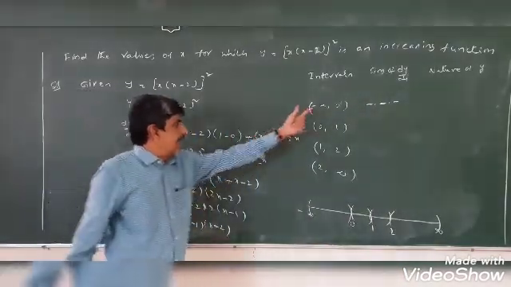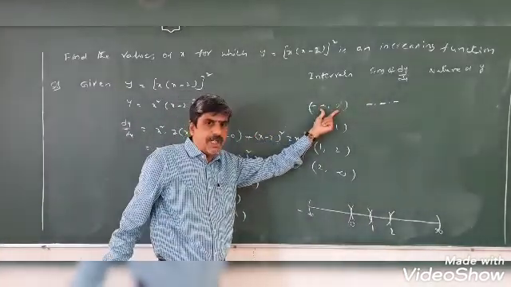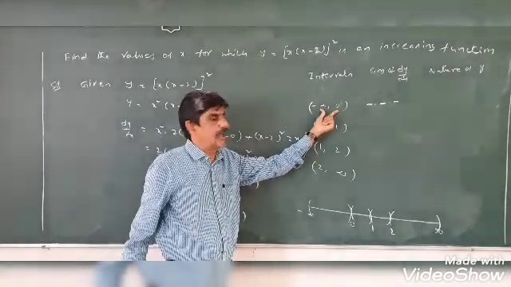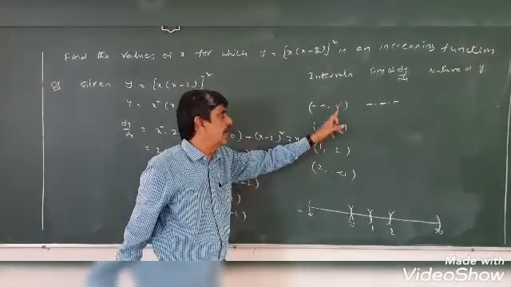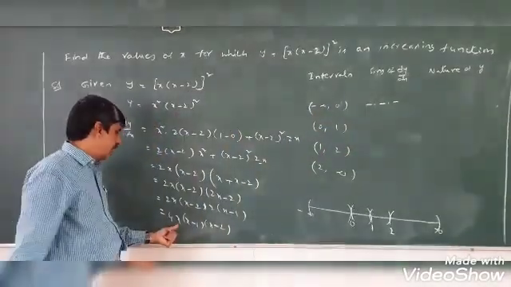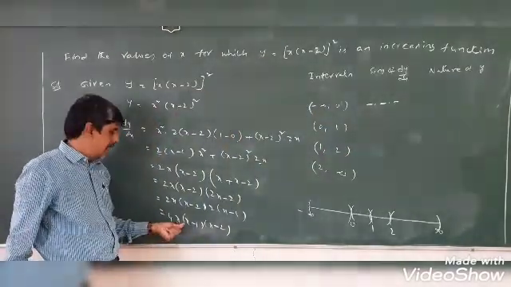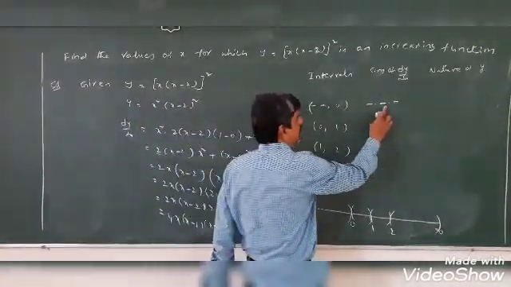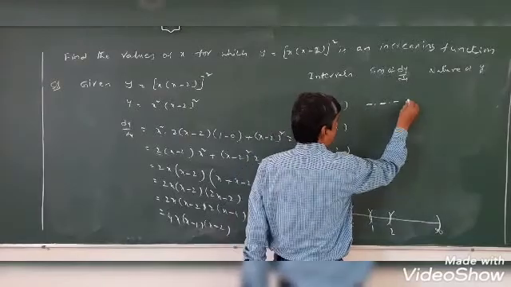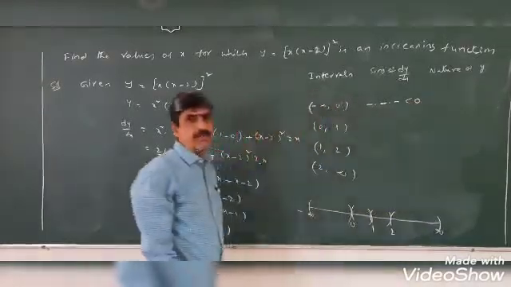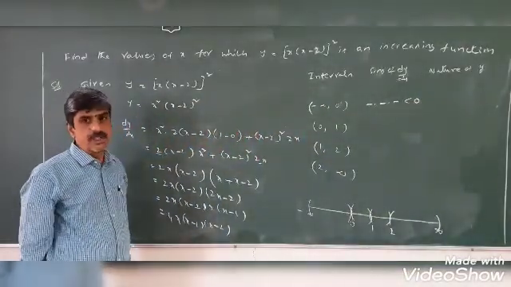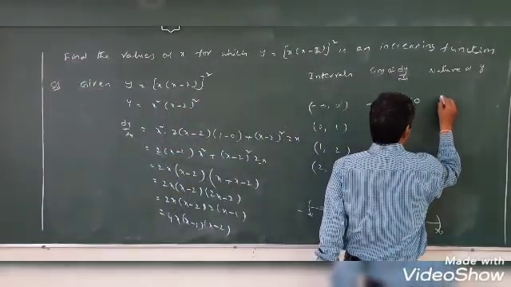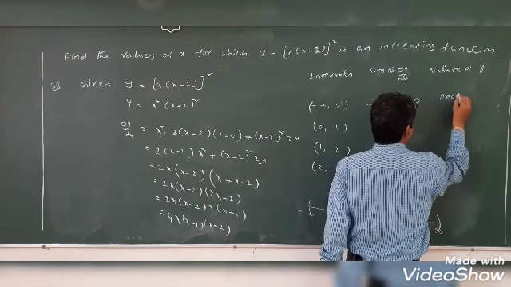There are infinitely many values in the interval minus infinity to 0; suppose we take any value, for example minus 1. This value is minus, this value is minus, and this value is also minus. So minus into minus is plus, into minus, so it is minus. Minus means less than 0. So dy by dx less than 0 means the function is decreasing.